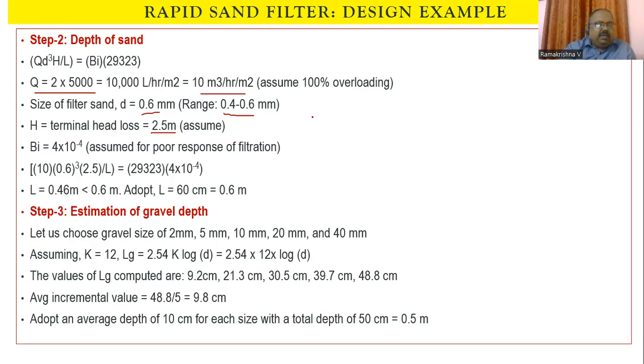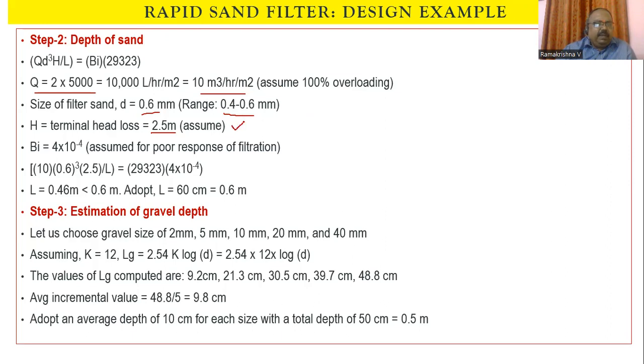So it comes out to be around 2.4 to 3 meters approximately. Even if you take 3.5 and remove around 0.6 to 0.9 meters of water depth, you'll get 2.5 to 2.7 meters as the terminal head loss. So we'll assume the head loss as 2.5 meters and proceed.